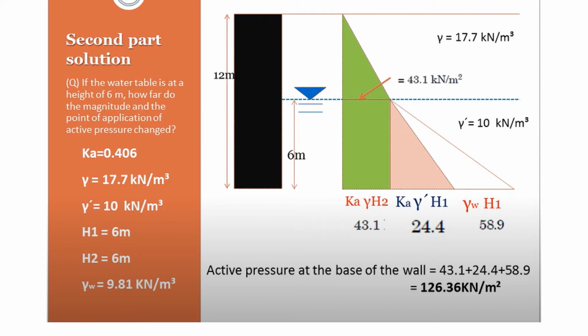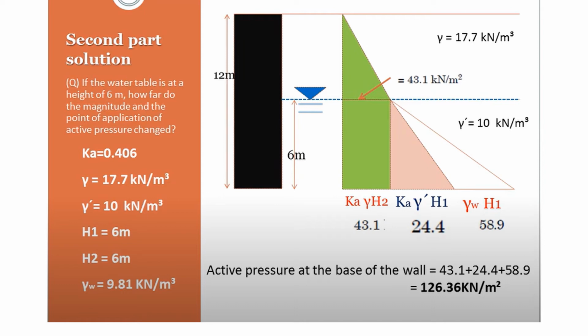And the corresponding pressure distribution diagram, if the water table is located, that is, this is a partially submerged case, will be in this form: above the top of this water table, there will be the dry soil condition, and you have to first of all draw the pressure acting on this retaining wall by this dry soil, whose bulk unit weight is 17.7 kilonewton per meter cube.